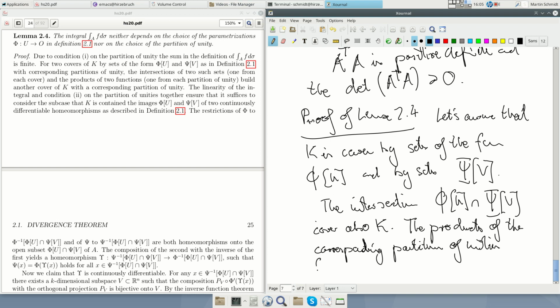They form a compatible partition of unity.